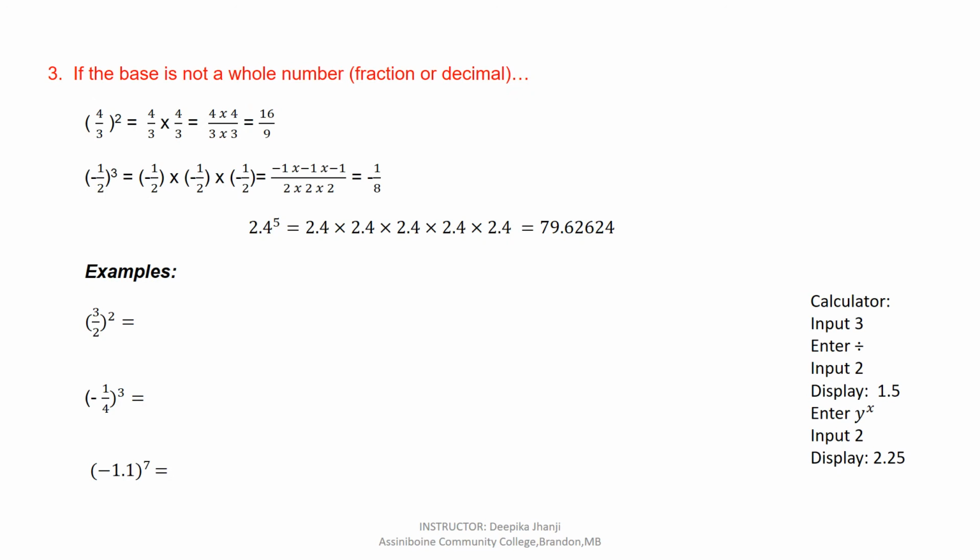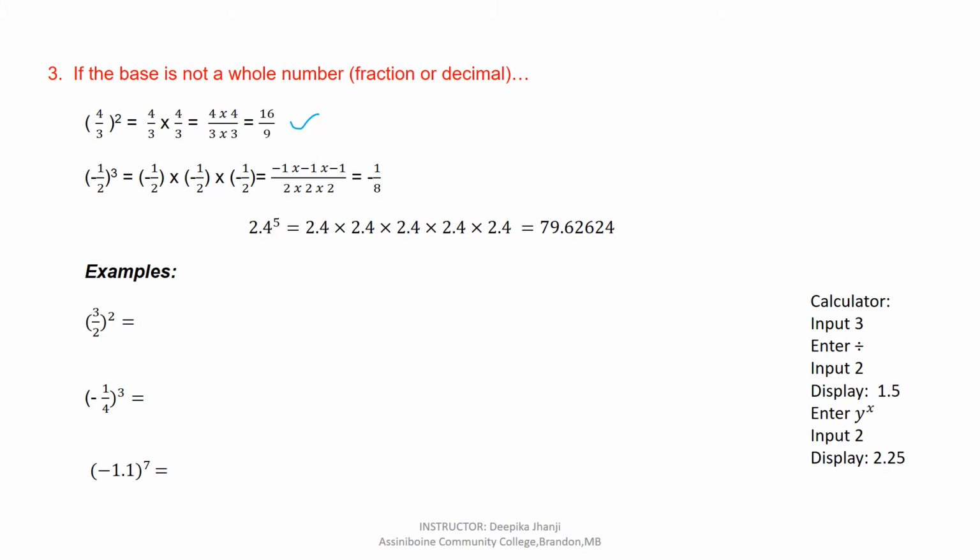Okay, next we have, if the base is not a whole number, it's either a fraction or a decimal. How to calculate the exponent then? So here I have the first example, which is 4 upon 3 whole raised to power 2, right?